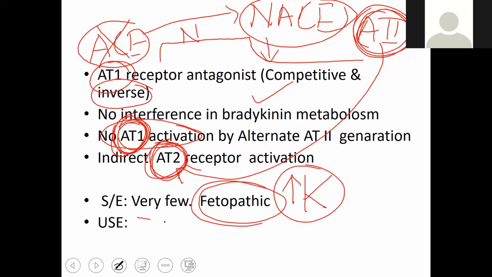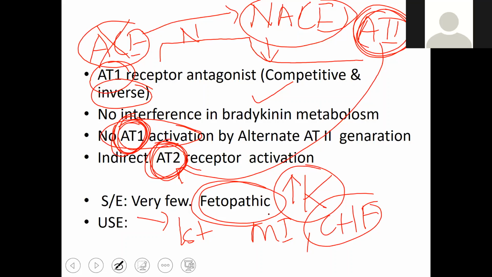And usually first line in hypertension, and all those I have already told in cardiac MI and CHF, to prevent the ventricular remodeling, and in MI to prevent sudden cardiac death, or to prevent the recurrence of another MI. For all these purposes, and as first line in case of hypertension, these drugs can be used. Okay.